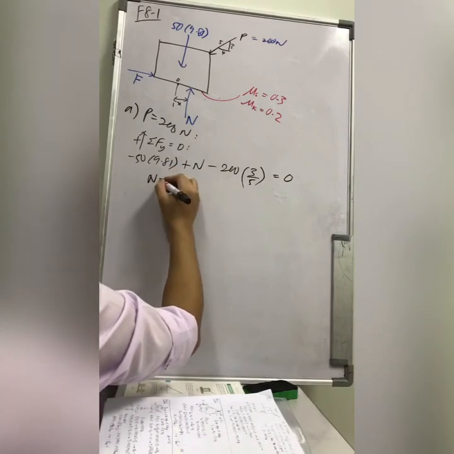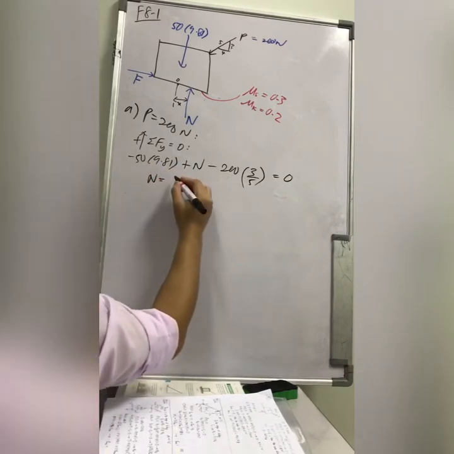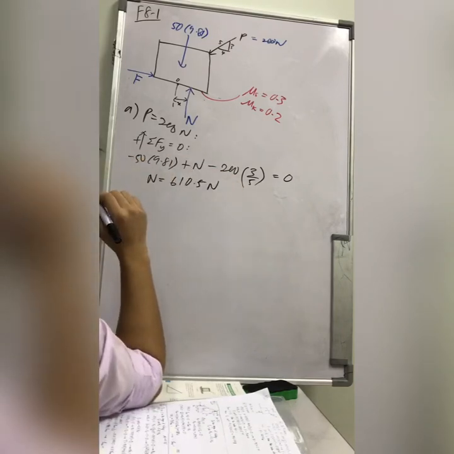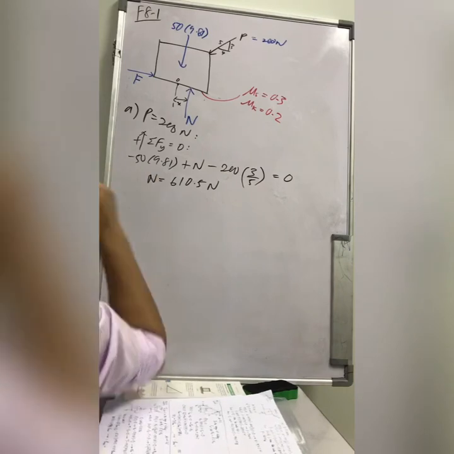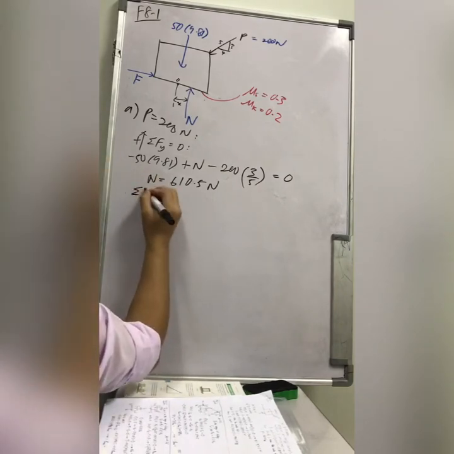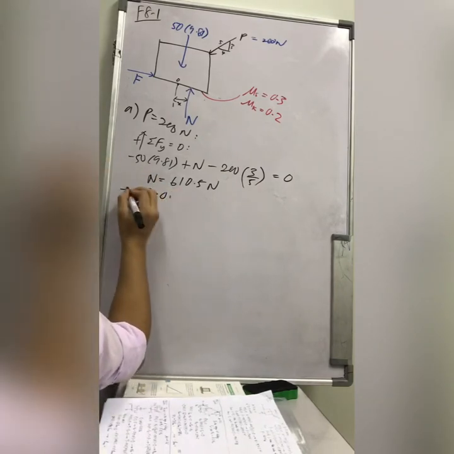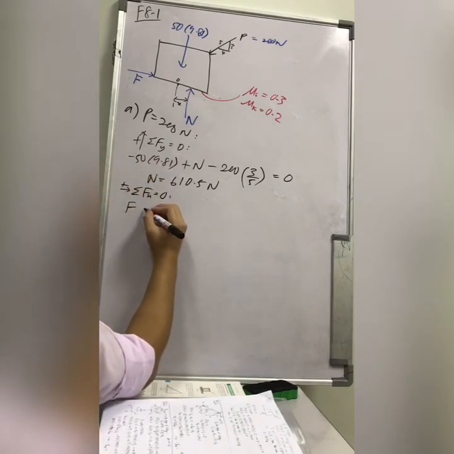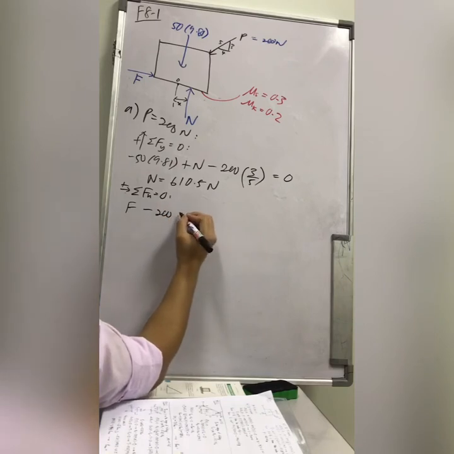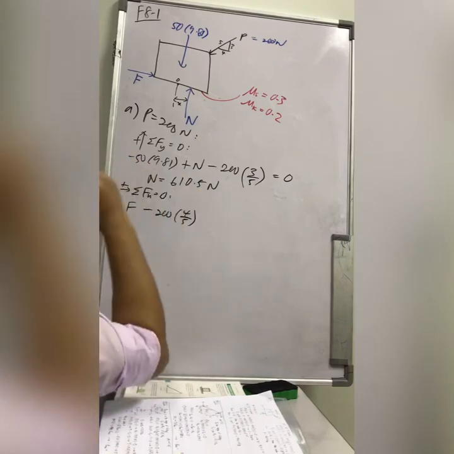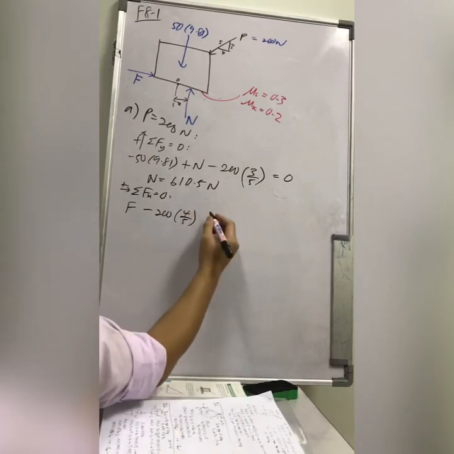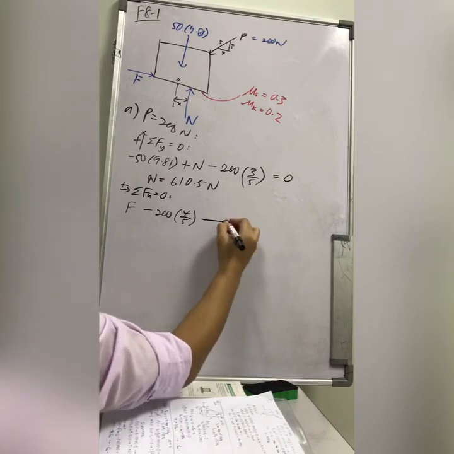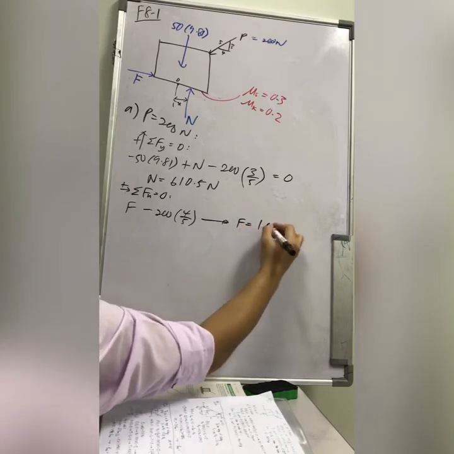From here, you get your normal force N to be 610.5 Newton. Then you do ΣFx equals 0, assuming positive to the right: plus F minus P times 4/5, the horizontal component, equals 0, so F equals 160 Newton.